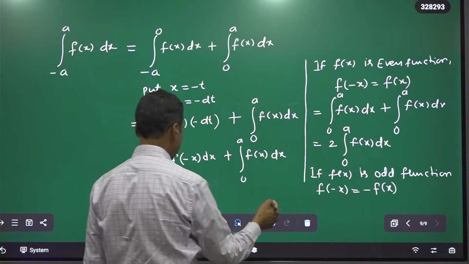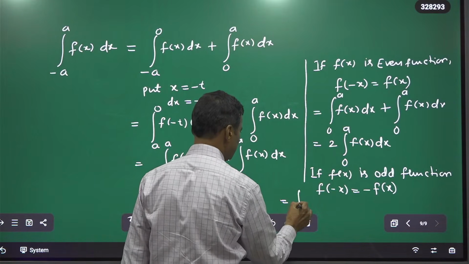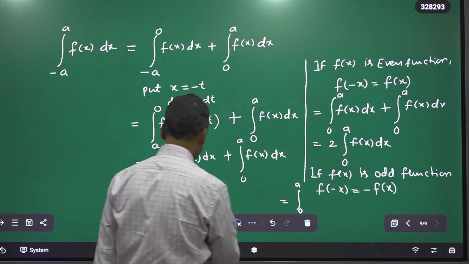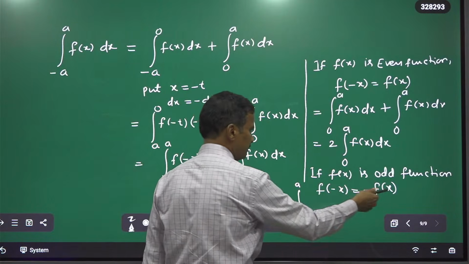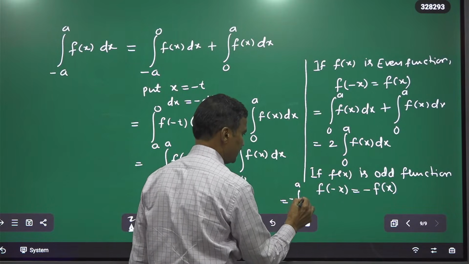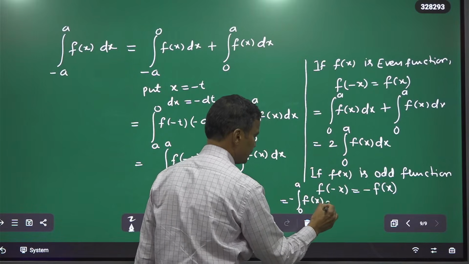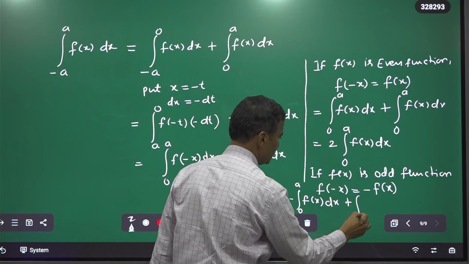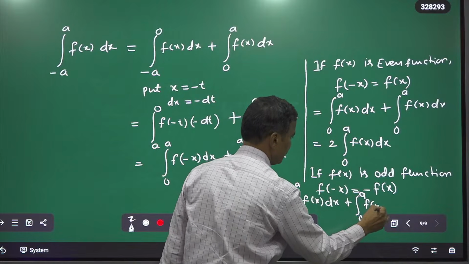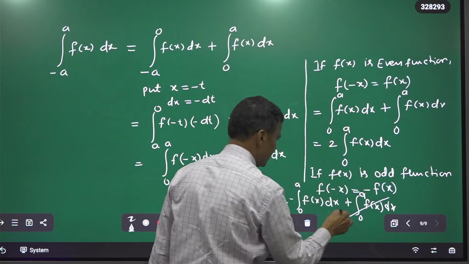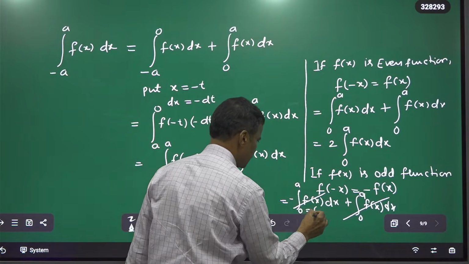Therefore, the first integral becomes 0 to a, and in the place of f of minus x we write minus f of x; you write minus outside, and f of x dx. This is the first integral. Whereas the second integral is 0 to a f of x dx. So they get cancelled, and you get 0.